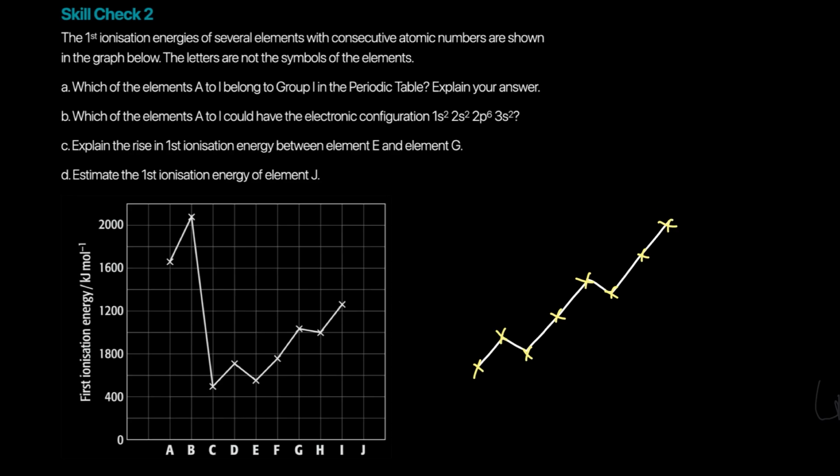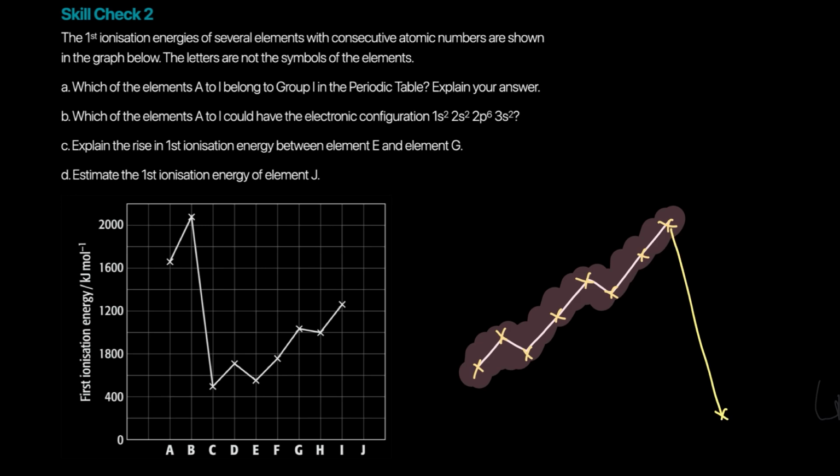Before I ever read the question, this is the trend of first ionization energies across period 2 or across period 3. And what happens is when it ends, the next fellow is all the way at the bottom. So this is groups 1 and 2, then groups 13, 14, 15, then groups 16, 17, 18, and then all the way to group 1, where all of this trend starts all over again.